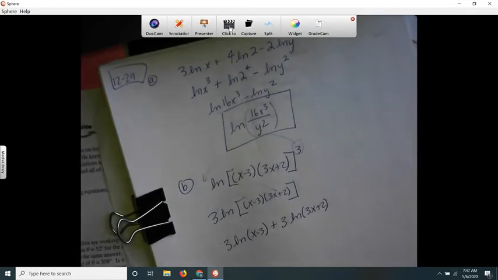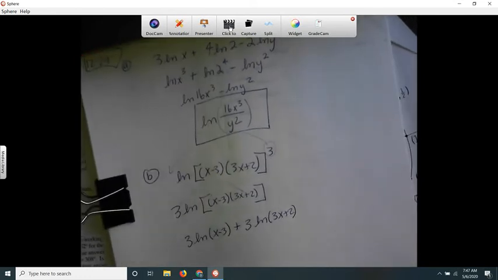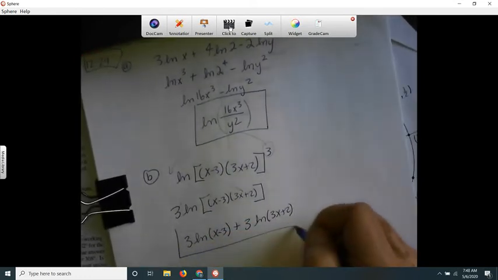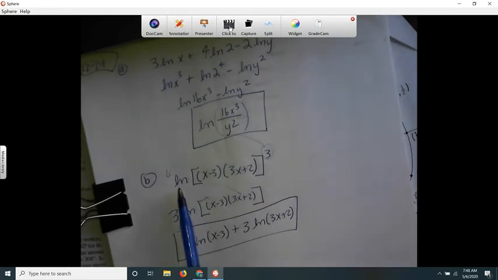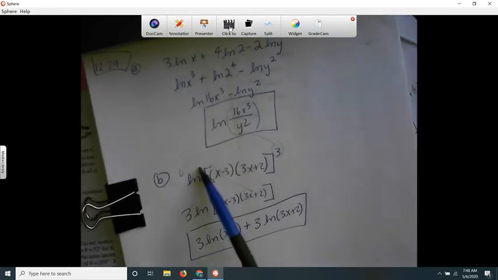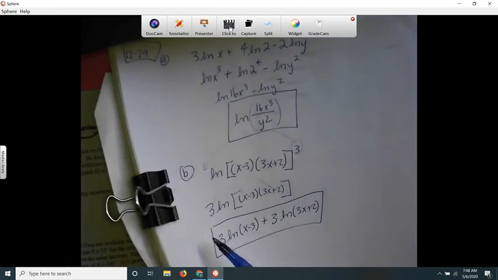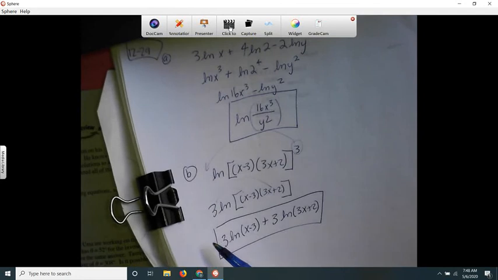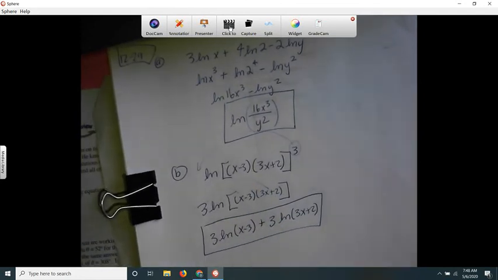And then I'm thinking, is there anything, can I expand it more? I think I'm done. I think that's it. So it was written as just a single logarithm, and now it's written as like 2 logarithms.